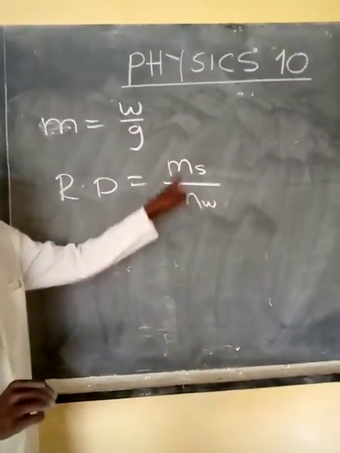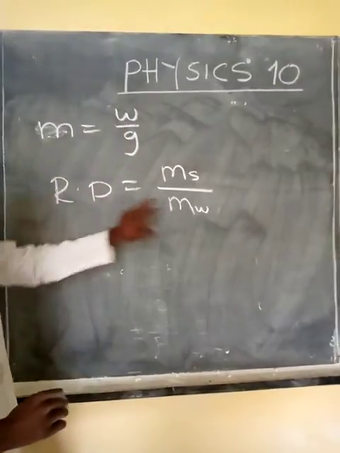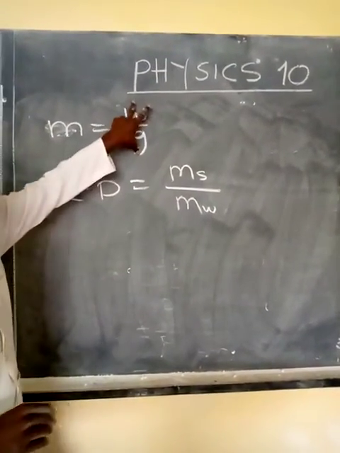Now, Rd is equal to the mass of a substance over the mass of water. So we can substitute this formula for mass. The mass of water also uses this formula.